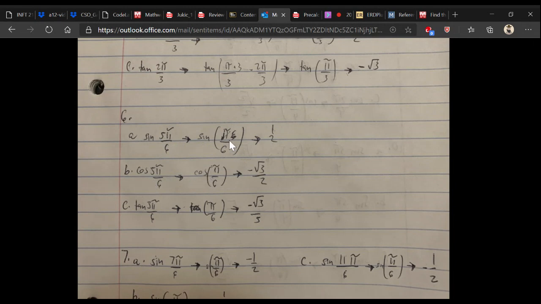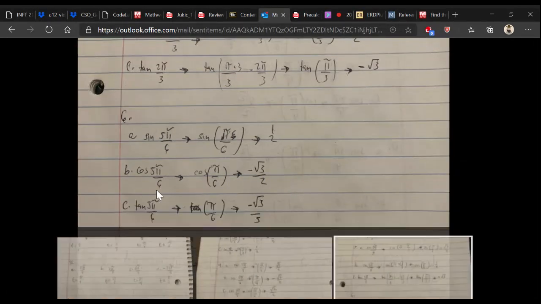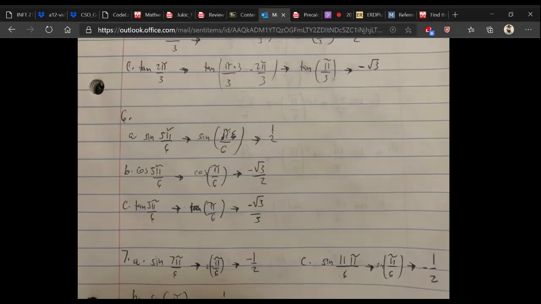It will become cosine pi over 6, but this time its exact value would be negative square root of 3 over 2. And for the last one, tangent of 5 pi over 6 would become tangent pi over 6. Its exact value this time would be negative square root of 3 over 3.